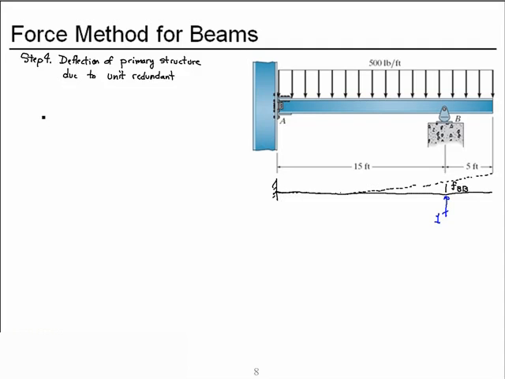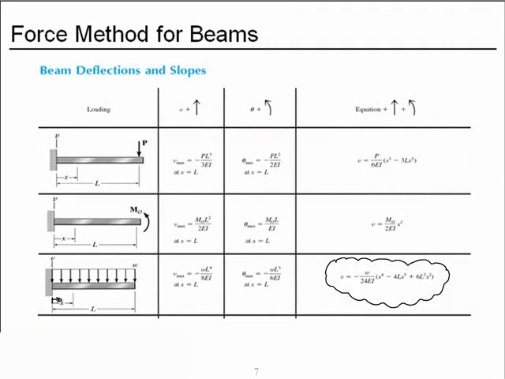So in this case we're looking for a way to calculate that deflection. Let's go back and look in the front cover of our text again. We don't have a cantilever with a point load closer in than the end, but we do have this cantilever with the point load at the end. But I don't need to predict deflection beyond the load, I need to predict deflection at the load.